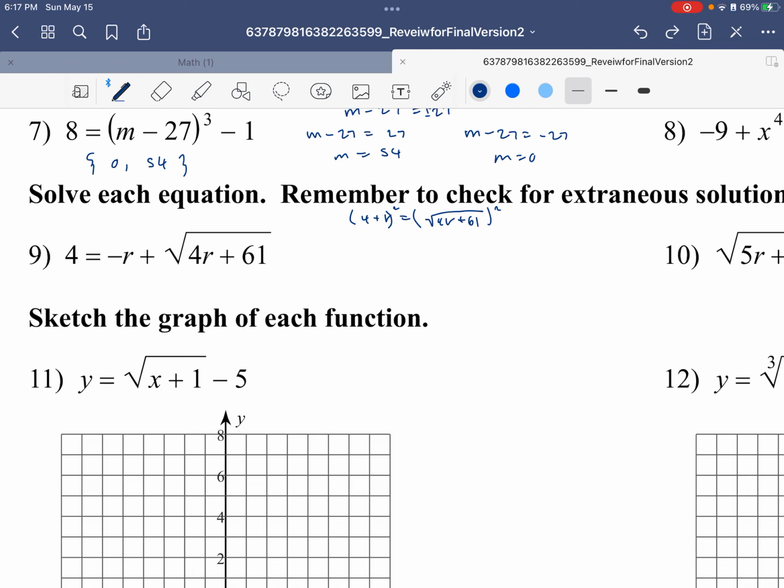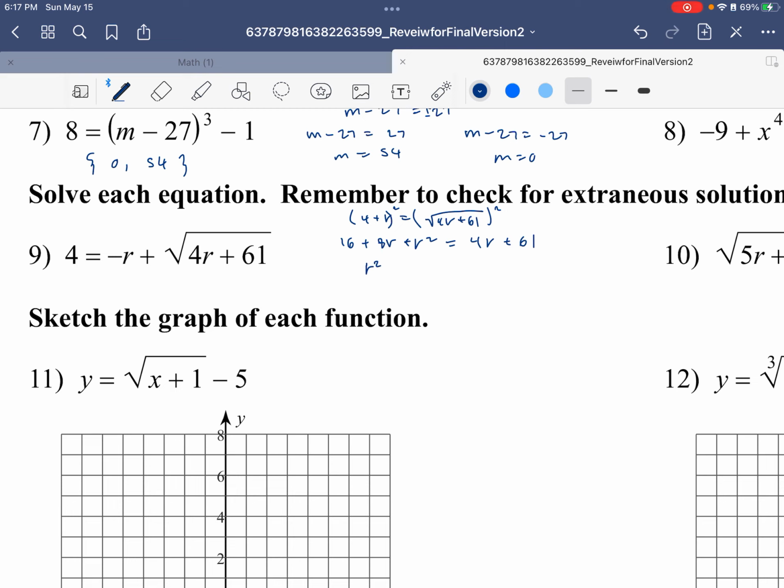So a squared, 4 squared is 16, and then we have plus 2ab, which is 2 times 4r, so 8r, and then we have r squared. And over here we get rid of our square root, and we have this.